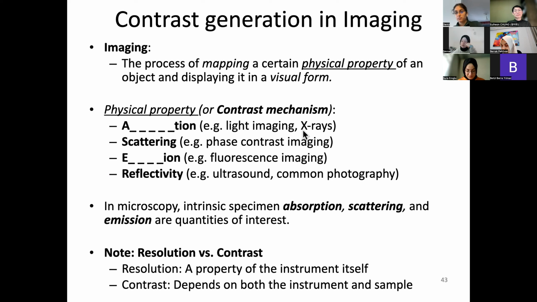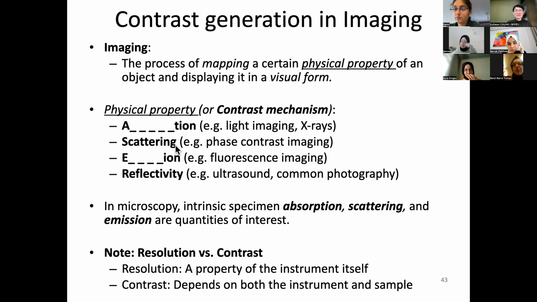That could be, for example, X-rays. You can have contrast due to X-ray absorption, especially in the bones, so that you can see the cracks, or in COVID-19 patients, the differences of absorption. And I didn't say much about phase contrast, but that's coming from scattering of light.